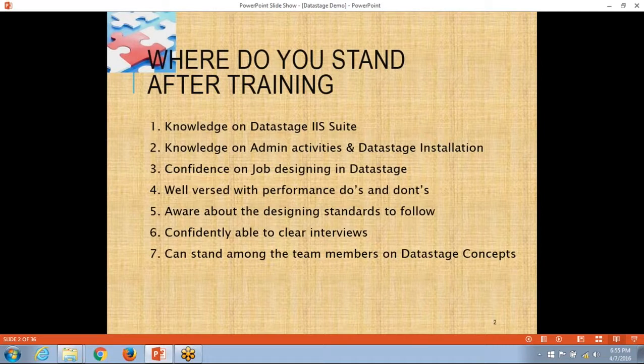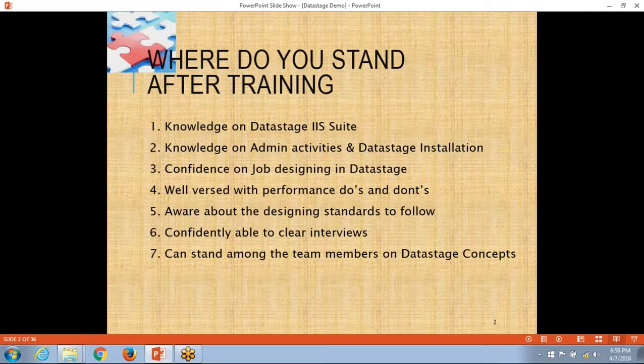If you follow all those things, you will be confident enough to clear an interview. That is something we say you will be able to do after the training is completed. If you follow what we are expecting from you, you will be able to clear a job interview if you're looking for one, or, if you are working in a project, you'll be able to design a medium to complex level DataStage job.